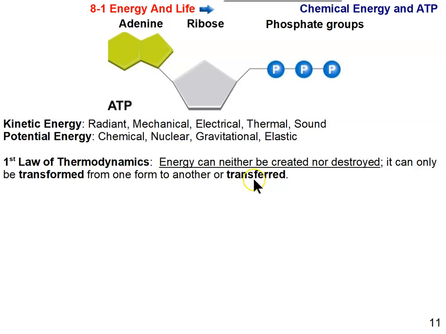But when you're just transferring, like in chemosynthesis, it's using the chemical energy, or transferring the chemical energy, to another chemical like glucose. So that would be an example of transference.